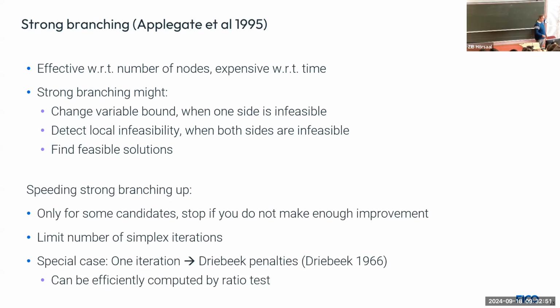If you dive into the details of the simplex together with Julian, he will be able to explain why a single iteration is so much faster than doing 2 or more iterations, because you don't need to explicitly perform this. You can just do a ratio test and compute the change directly. So these are so-called Driebeek penalties, and they still play a role as a sub-procedure in branching rules today.